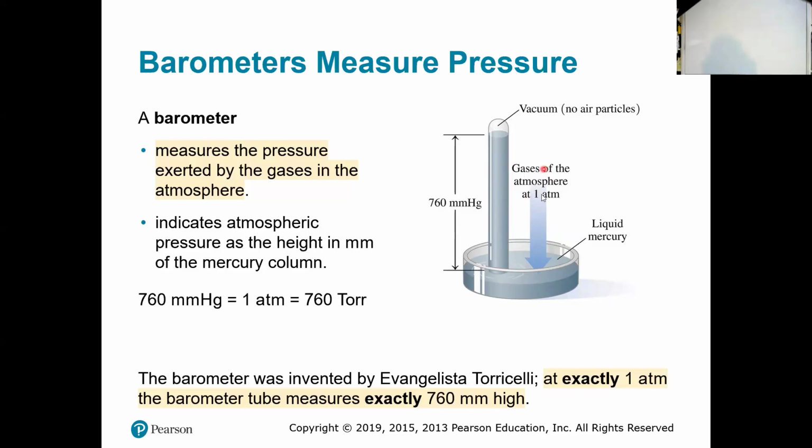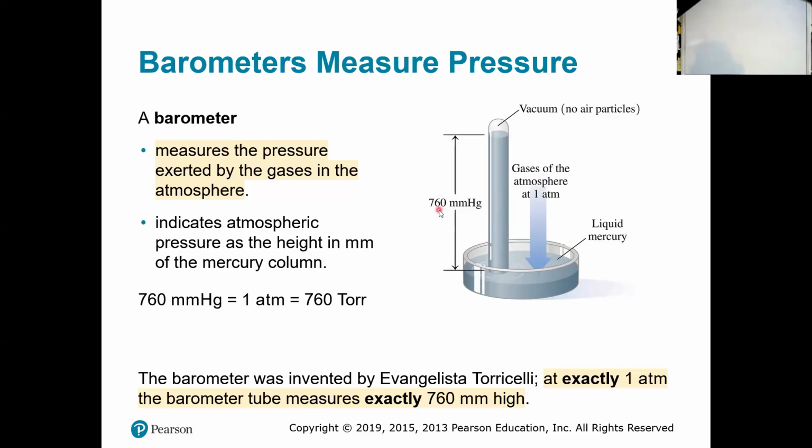The gases in the air will push down on the surface of the liquid mercury. As that happens, the liquid mercury will start to move into this cylinder and creep up it until no more pressure is being exerted by the atmosphere. The way we measured atmospheric pressure initially was measuring the height that the mercury was able to reach in this barometer.